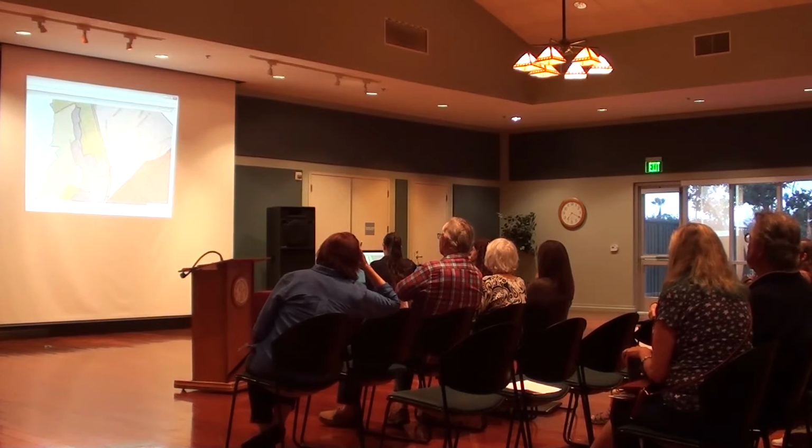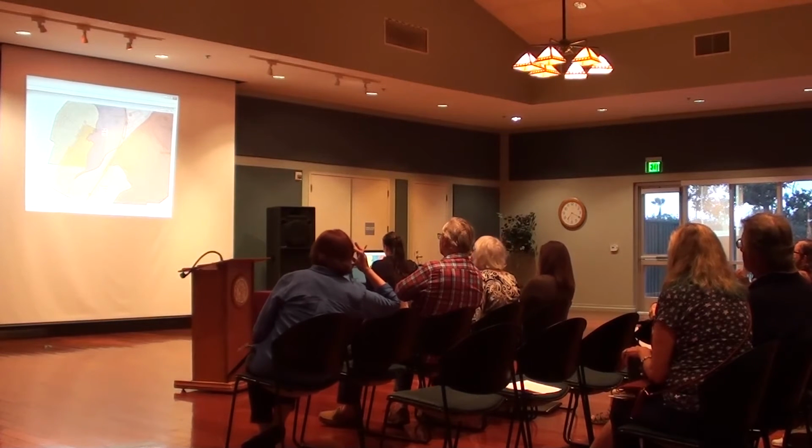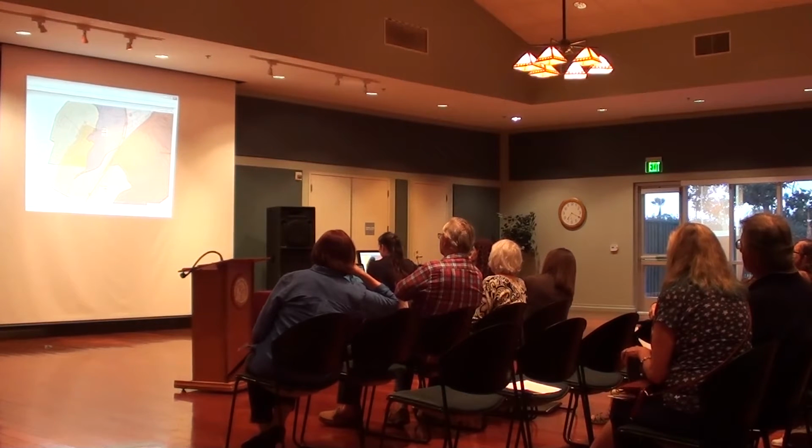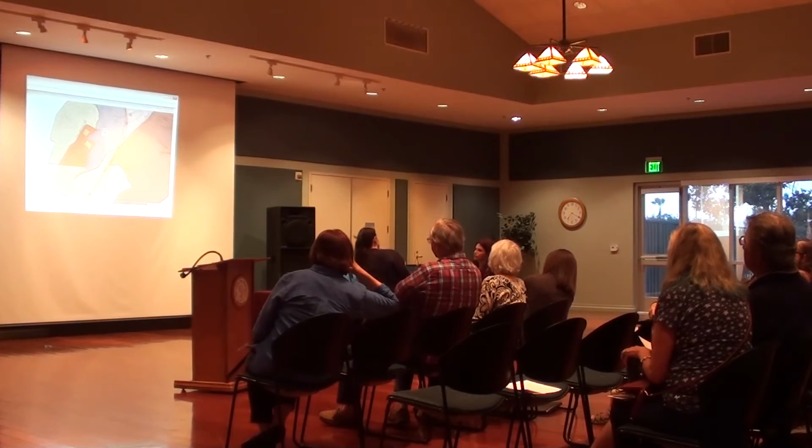The next, we heard testimony about the mobile home parks near Del Obispo. This is one big census block that also includes some of the mobile home parks. And as you can see here, it touches the city boundaries.